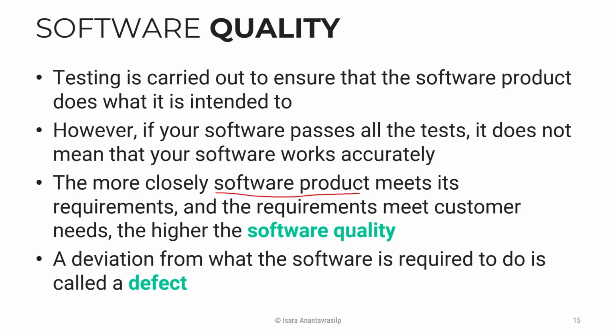The software products, the requirements, and the needs. The needs is the why. This is the what. So this is why you need to make sure that you understand why the user wants what they wanted.